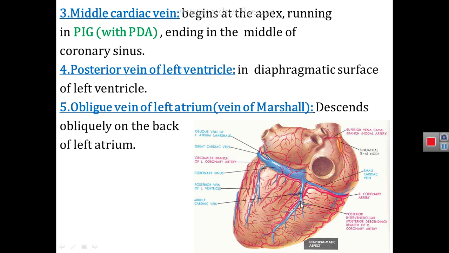In addition to these three major tributaries, we have a small tributary called the posterior vein of the left ventricle, which is this one. This is a minor tributary, and a small vein also called the oblique vein of Marshall, draining the left atrium and running on the back of the left atrium.